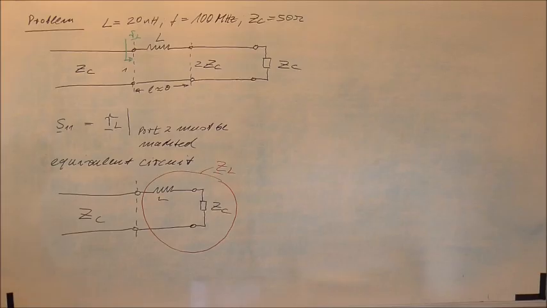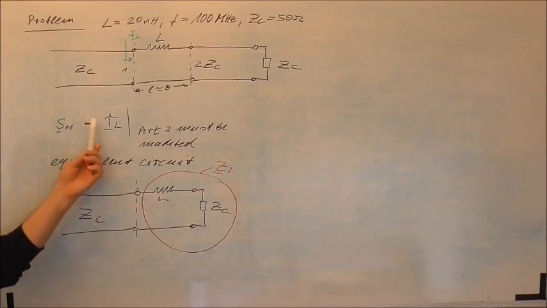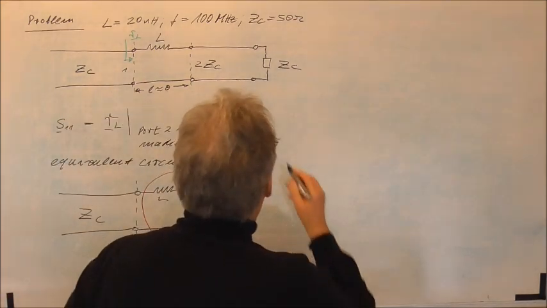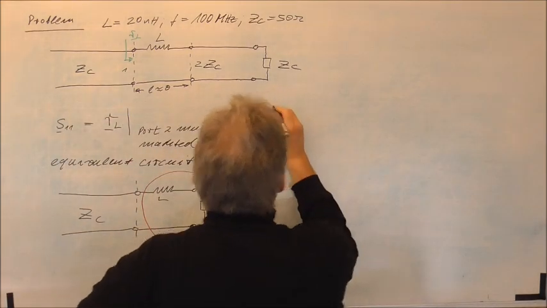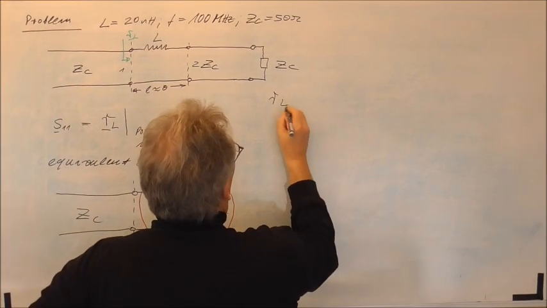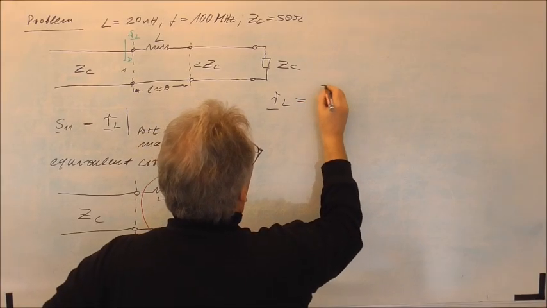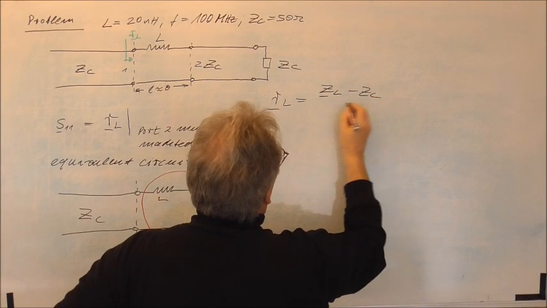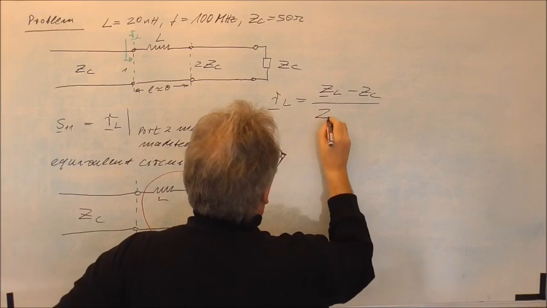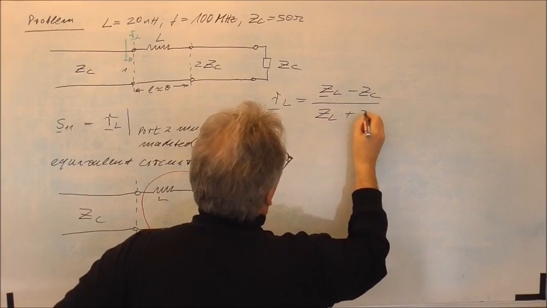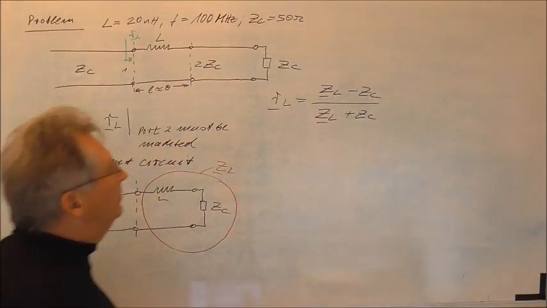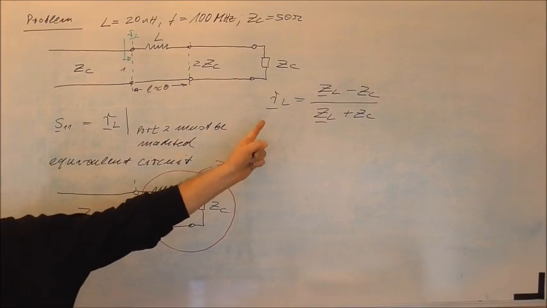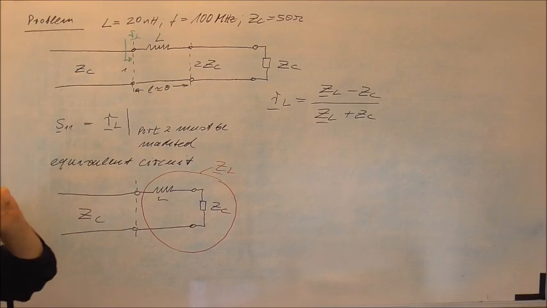And we know now, if I want to calculate RL, we can use the equation that RL is equal to ZL minus ZC divided by ZL plus ZC. This is how we can always calculate the load reflection coefficient.